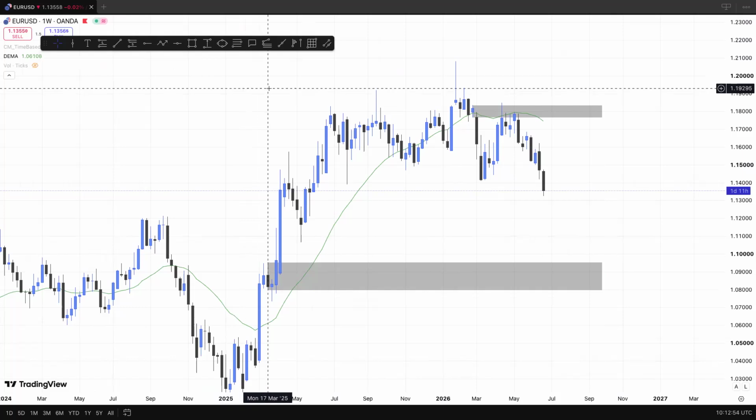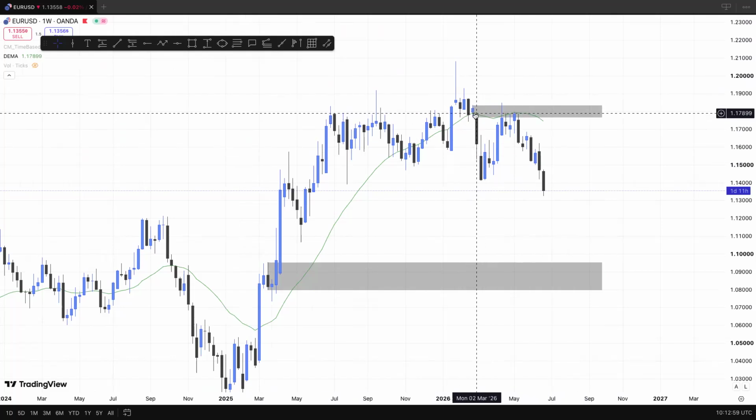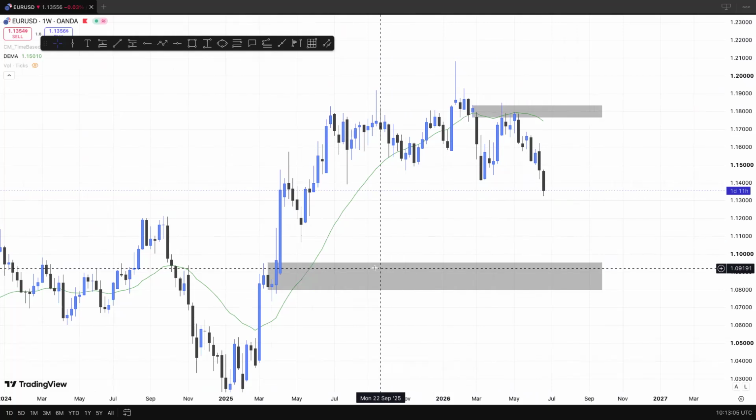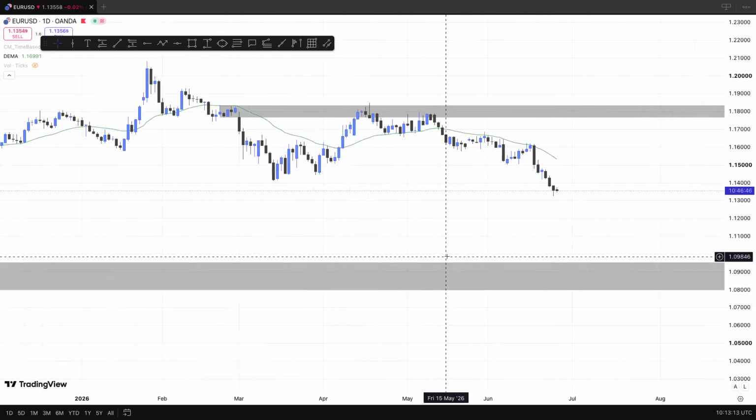All right. So on the weekly time frame, we are getting a distribution from this supply. Once price started from the supply, price started giving this impulse, and the high probability demand price is likely to find next will be this demand right here. Go down to the daily time frame.